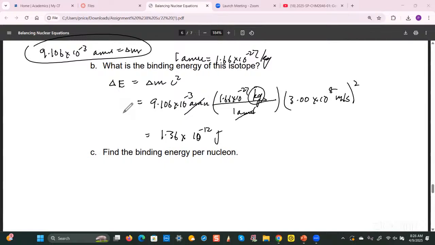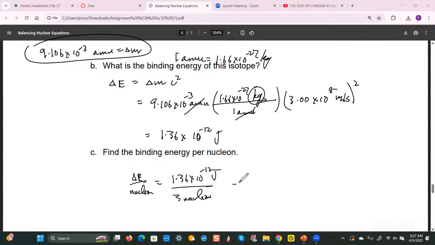The C part is asking for the binding energy per nucleon. Now remember, a nucleon is any particle that resides in the nucleus. In this particular case, we have 2 protons and 1 neutron, so basically we have 3 nucleons. Therefore, the binding energy per nucleon, delta E over nucleon, would be 1.36 times 10 to the minus 12 joules over 3 nucleons.